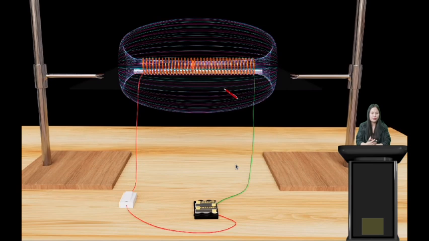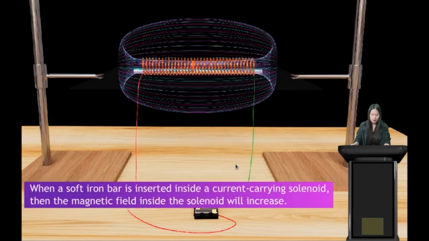So what does it mean? When there are more magnetic field lines, the strength of the magnetic field is more, or it is stronger. Yes, students. So here, when a soft iron is inserted inside a current carrying solenoid, the magnetic field inside the solenoid will increase, and that is why we see more magnetic field lines when a soft iron bar is placed inside the solenoid.